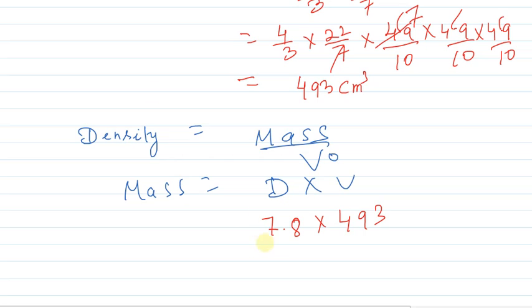It is coming 3845.4 gram. Please check the answer. In the answer it is told we have to convert into kg. If you want to convert into kg, it is very easy. Multiply by 1000 and it will be done. But check the answer. What is the answer?